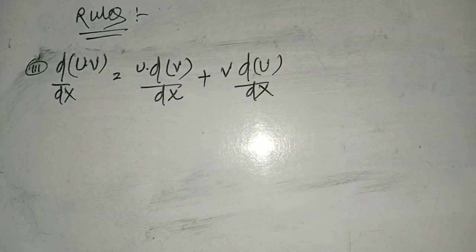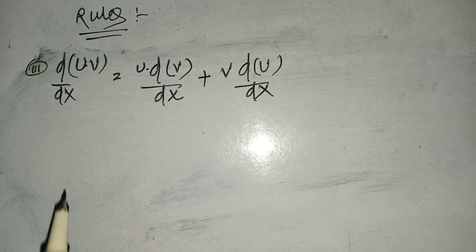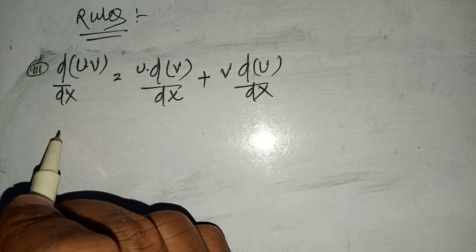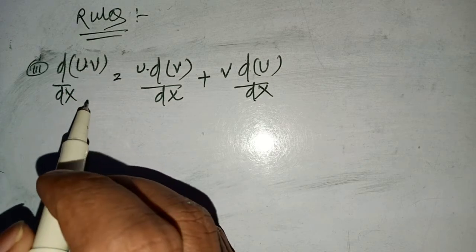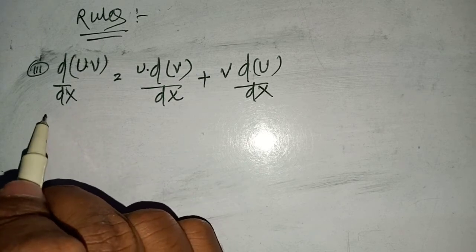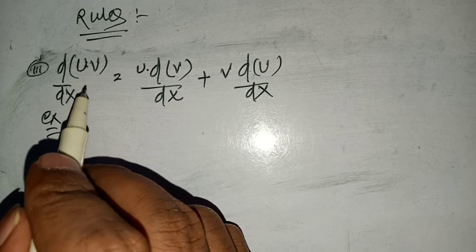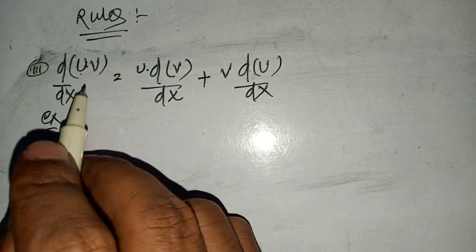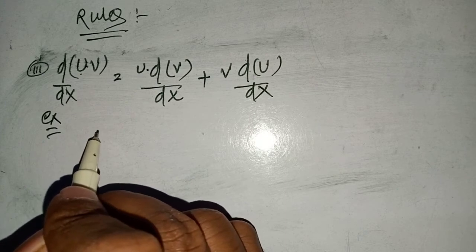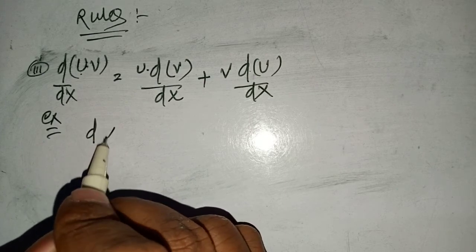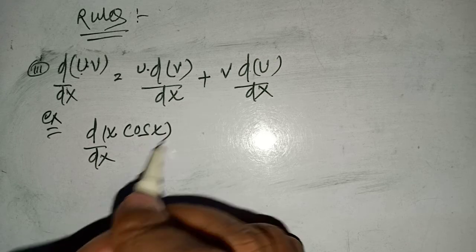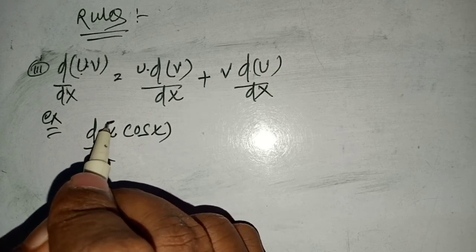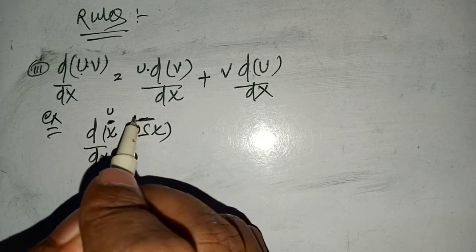Okay, for example, let's say the differentiation of x cos x with respect to x. Now let's say this is u and this is v.